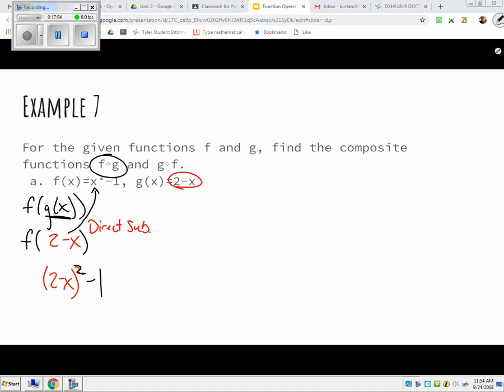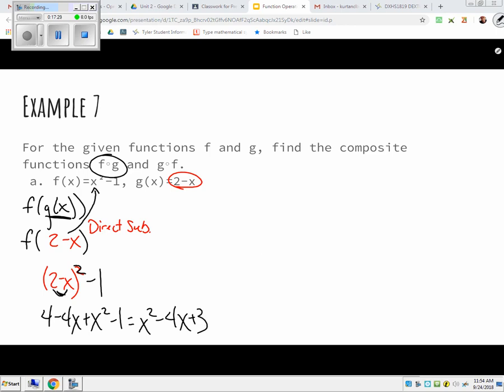If I expand this binomial, 2 squared is 4. Multiply the 2 together, negative 2x, and double it. It's negative 4x. And then square the last term, x squared. And so it's putting it in the correct order now. x squared minus 4x. I have a 4 minus 1. That is going to be 3.